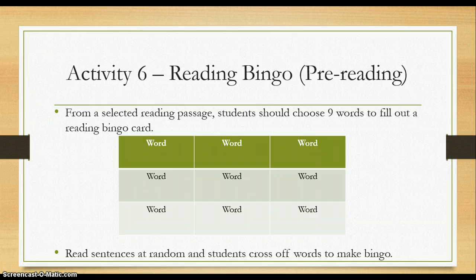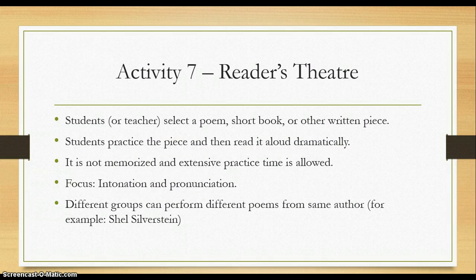And if they hear their word being said, they cross off the word on their bingo card. You can either have them just make simple bingo, or like where it's 3 across, 3 down, 3 diagonally, or you can have them cross out every word before they call bingo, and then they would have to read the words back to you in order to check that they had bingo correct. So just kind of a fun idea.